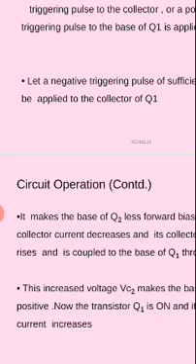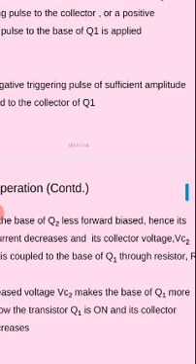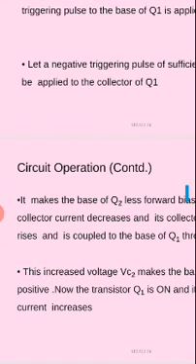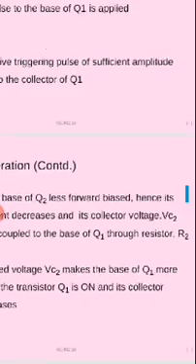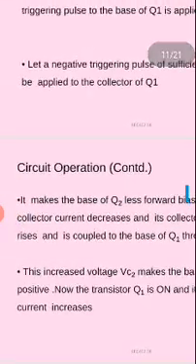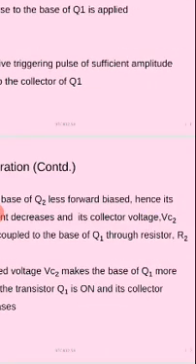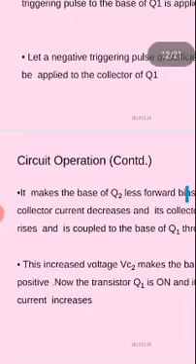It makes the base of Q2 less forward biased, hence its collector current decreases and its collector voltage Vc2 rises and is coupled to the base of Q1 through resistor R2.